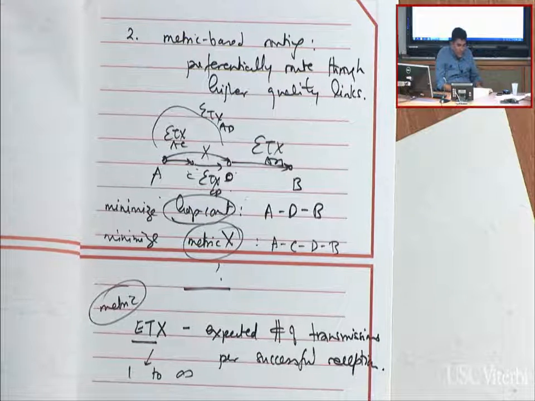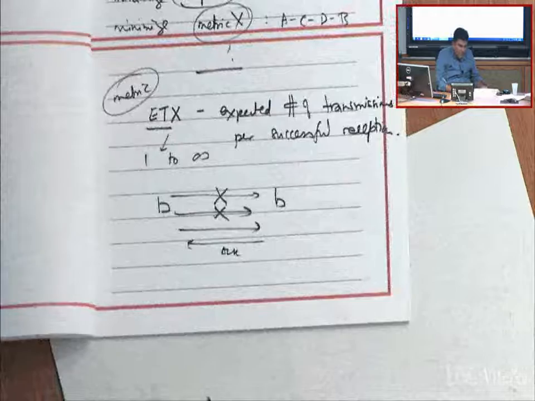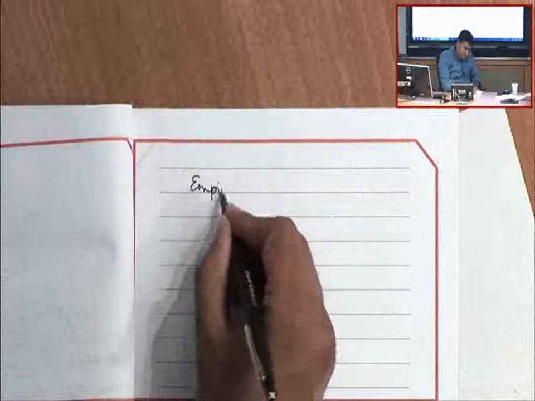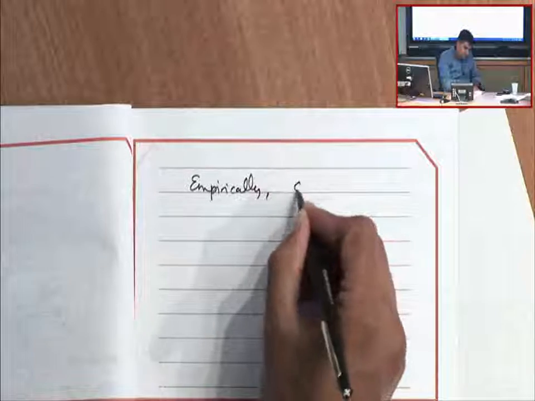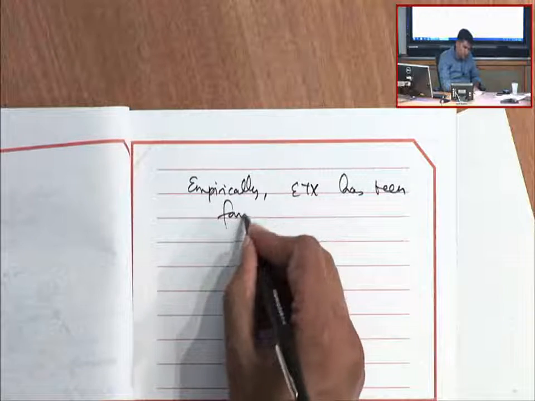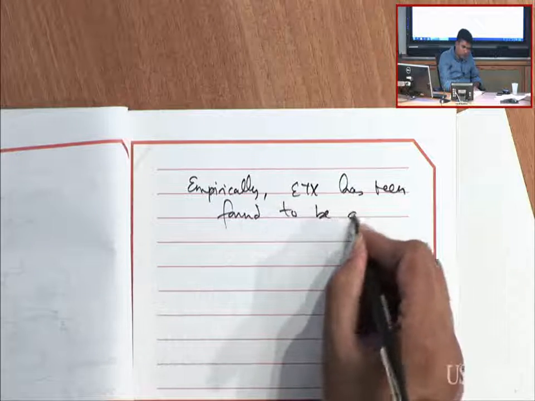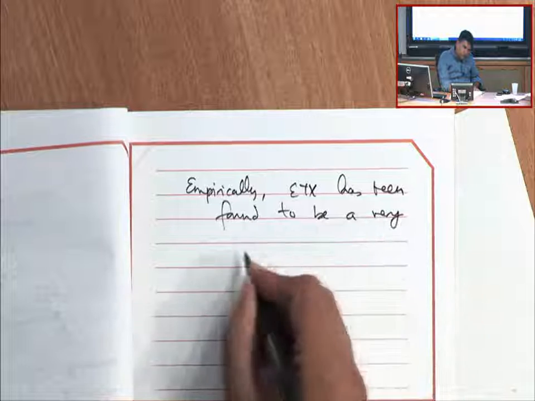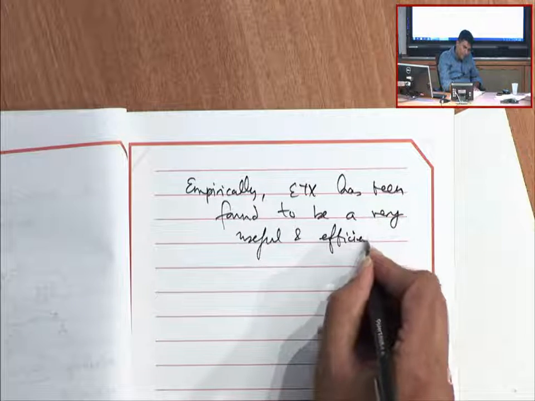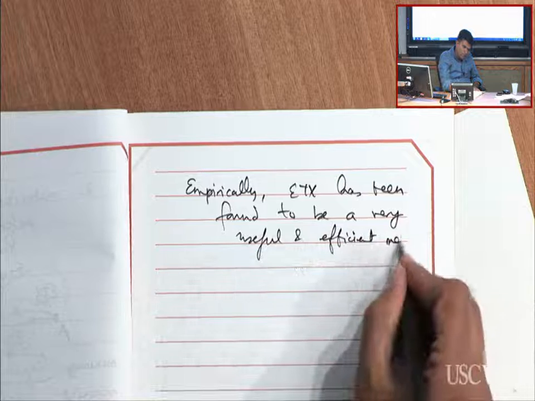Okay. And so what empirically has been found is that ETX turns out to be a useful and efficient metric.